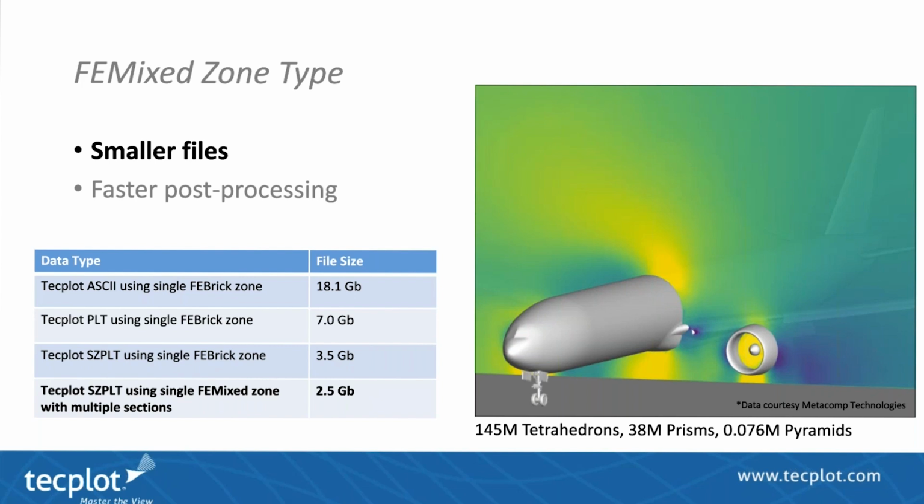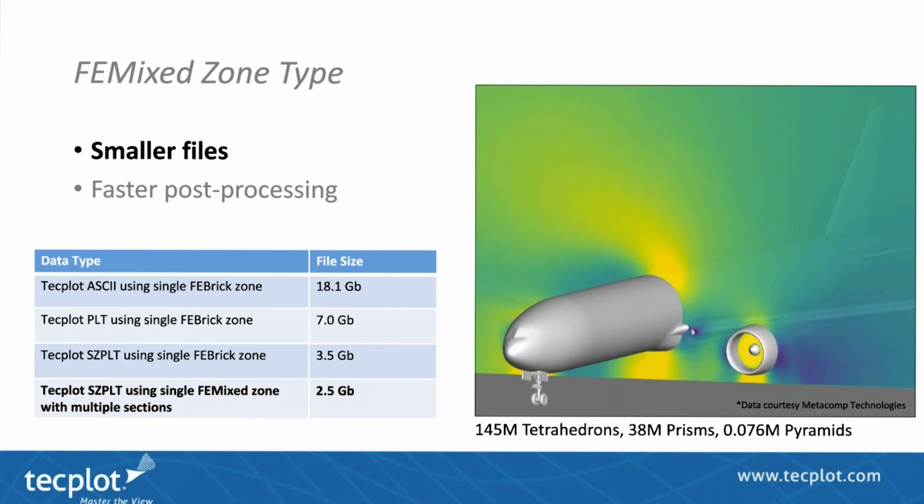So here's an example. This is a transport aircraft configuration. You can see it has 145 million tetrahedrons, 35 million prisms, and then it has 76,000 pyramids. In this case, the prisms are near the wall.